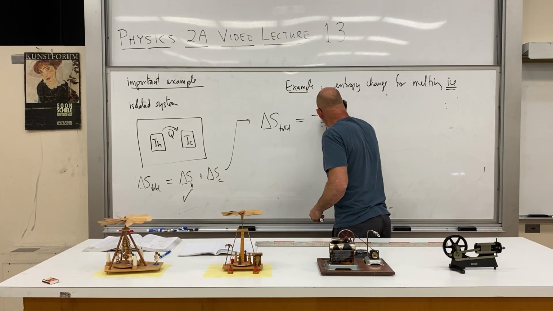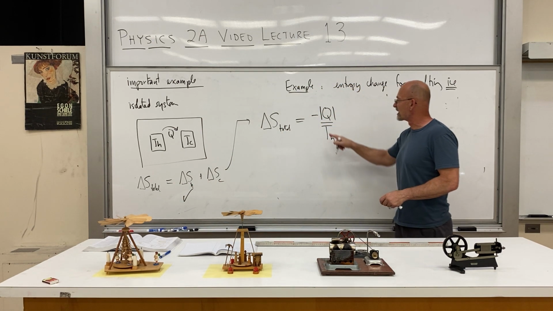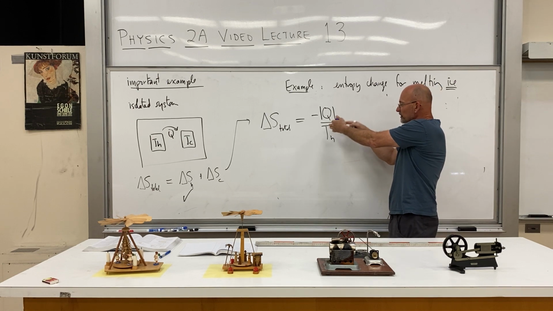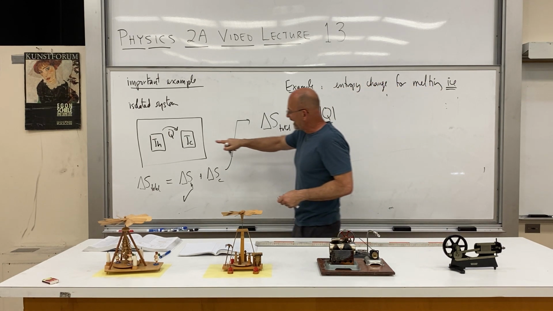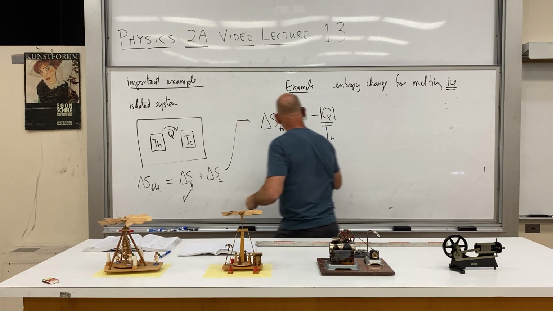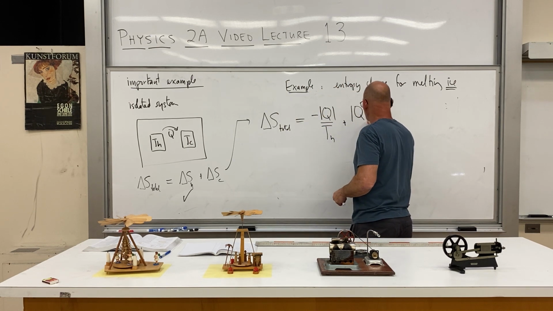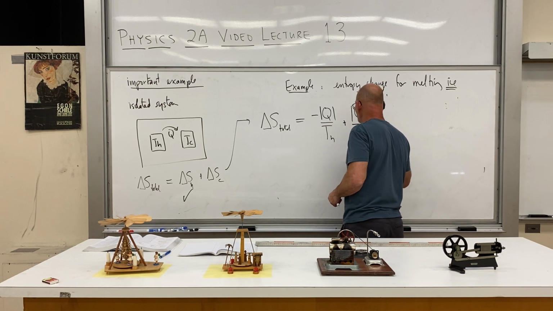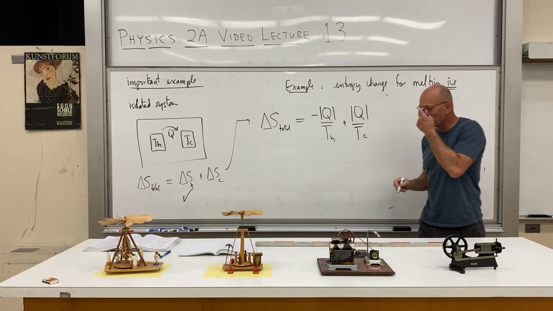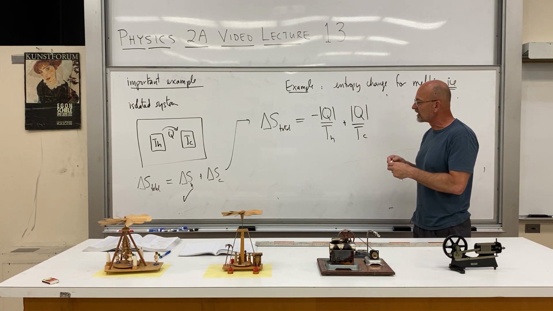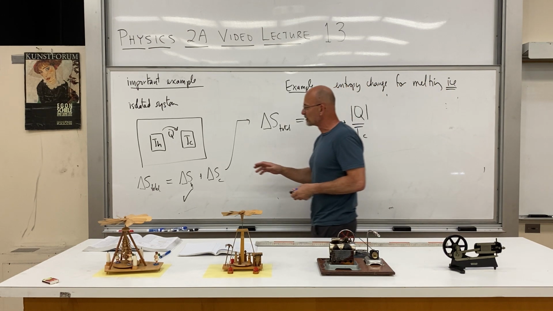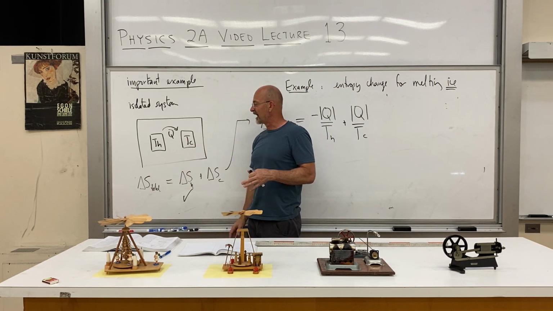I'm going to put an absolute value on Q, just to make sure we're talking about minus so and so many joules over T_H. The same energy is entering the cold side, so that's plus the same Q over T_C. So that's the total entropy in a process that's been isolated, where nature just takes its course.